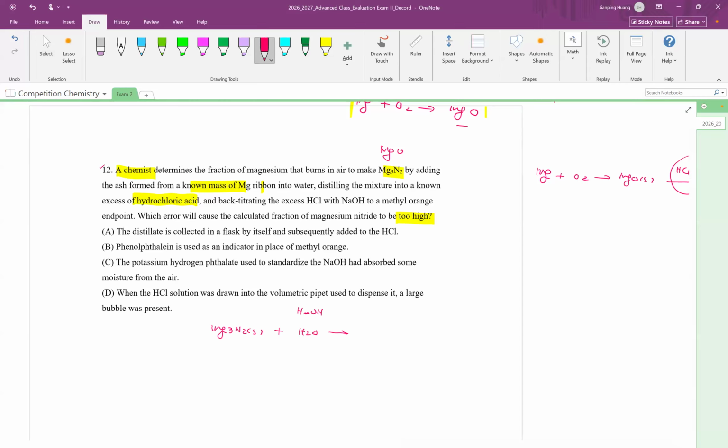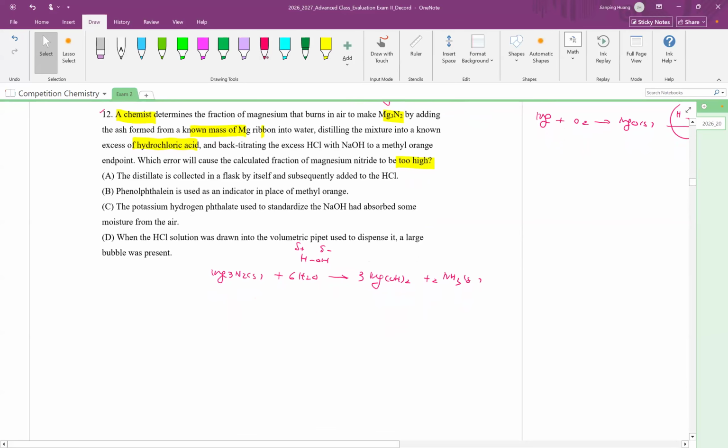Here is partially positive, here is partially negative. Let me slow down my handwriting, okay. So you get what? You get magnesium hydroxide and ammonia. So here you have the gas. Now look, here should be 6, here should be 3, here should be 2. So that's the first step.